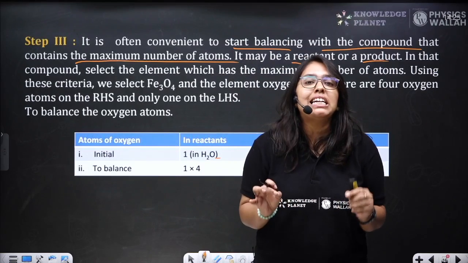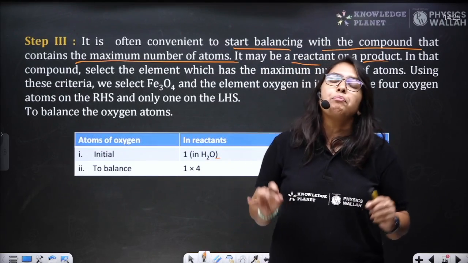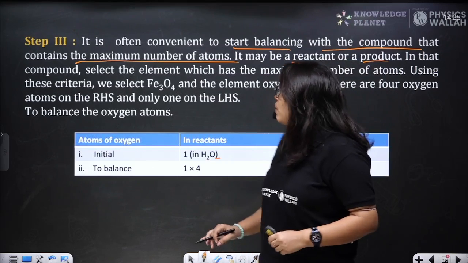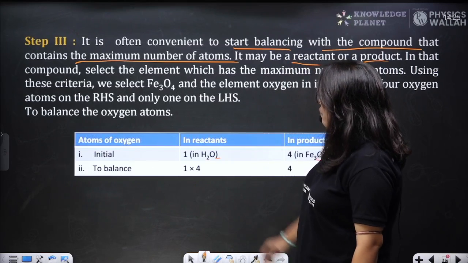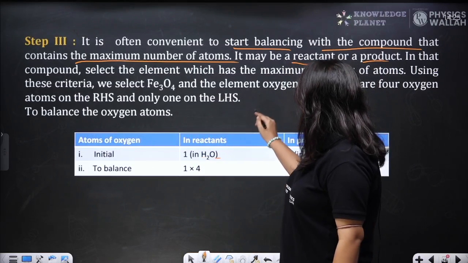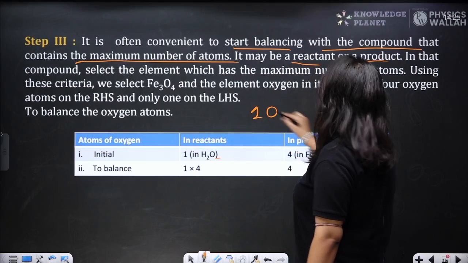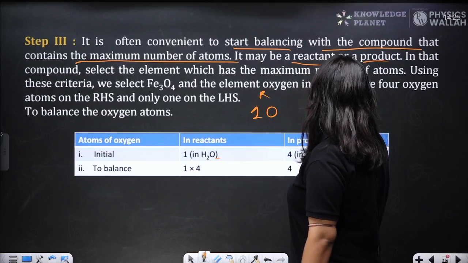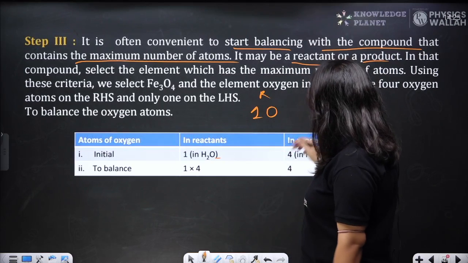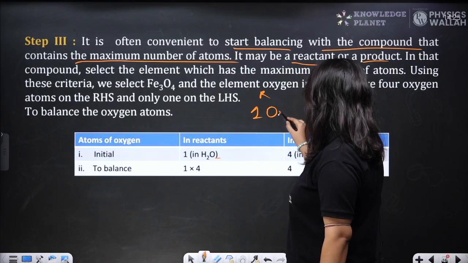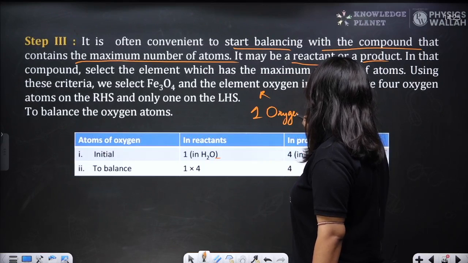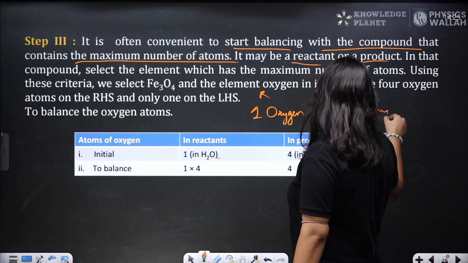By multiplication. So now we have 1 atom of oxygen in the reactants and 4 atoms of oxygen in the products. Now I have to make it equal. Let me write oxygen, because you might think it's 10 and this is 40.